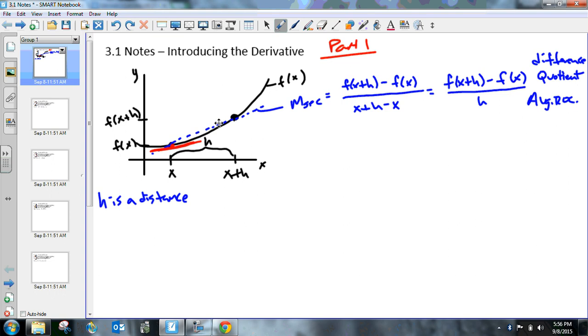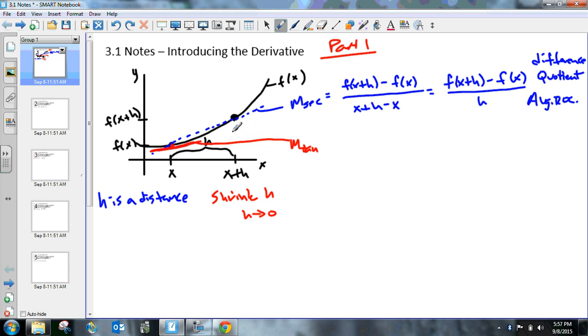So now we got to think about something. How do I calculate the slope of this line? Okay, and I'm going to call this the slope of the tangent line. Now remember what we had to do. We had to shrink h and have h approach 0. That distance needed to approach 0.